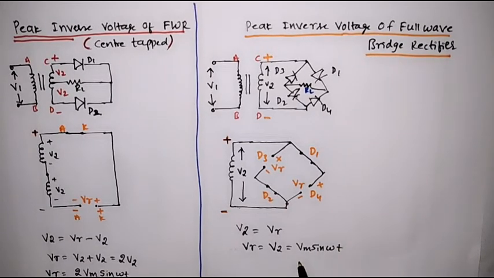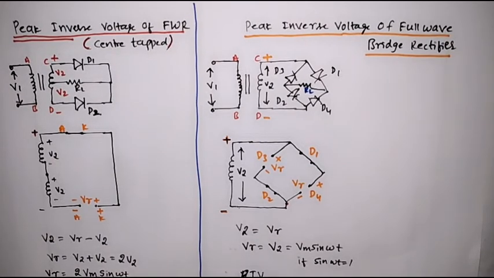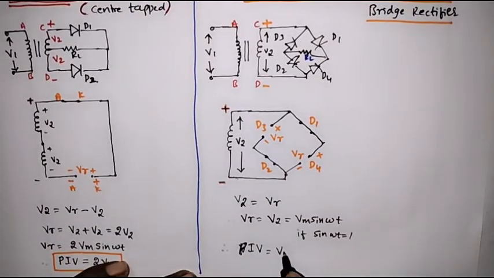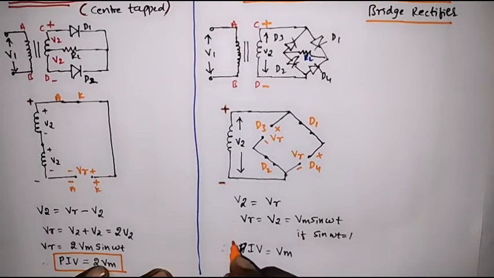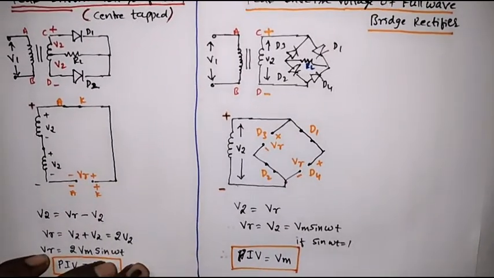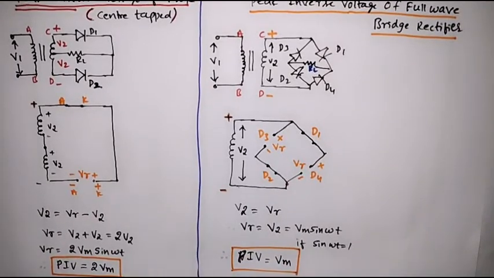So if sin omega t is equal to 1, then we can write PIV, peak inverse voltage, is equal to Vm. Thus, in the full wave bridge rectifier also, the peak inverse voltage is equal to the peak secondary voltage, that is Vm.